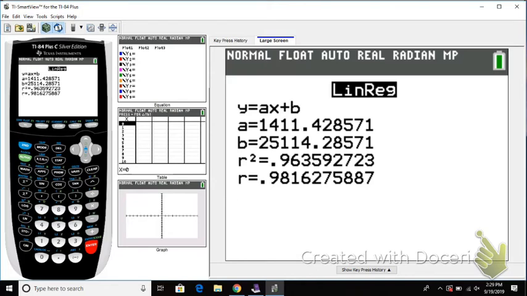What's it calculating for this? The equation that matches the scatter plot. Okay, and that works 96% of the time? No, not that it works 96% of the time, it's hitting 96% of the data points that are given.